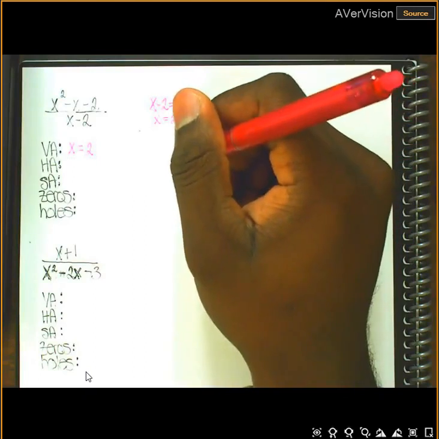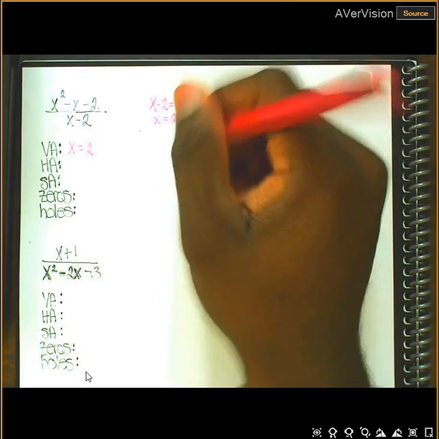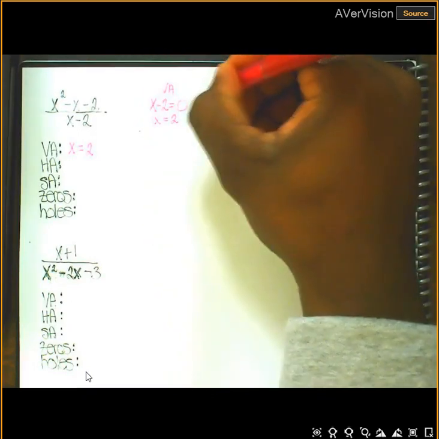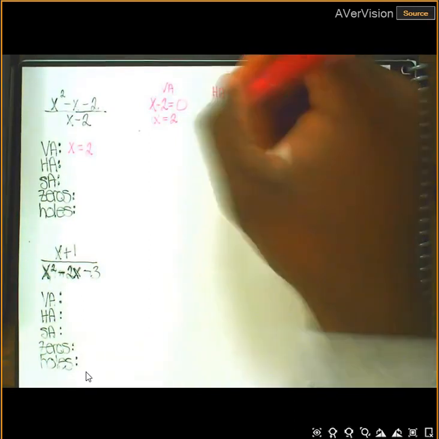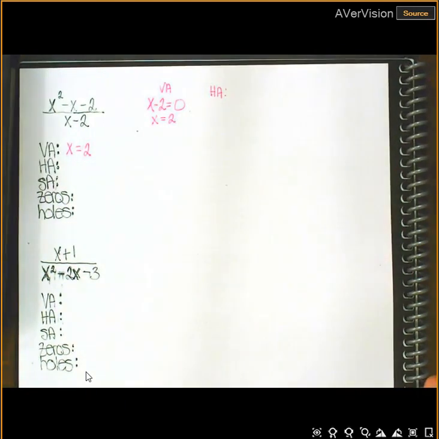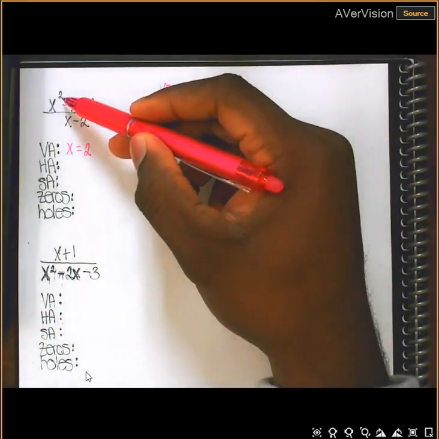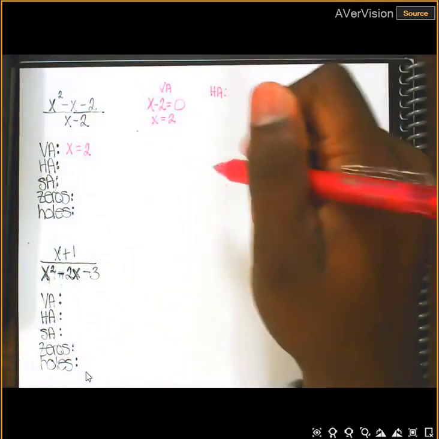How do we find the horizontal asymptote? Yeah, we look at the degrees, or the highest exponents. So the degree in the numerator is 2 and the degree in the denominator is 1. What does that tell us about the horizontal asymptote?